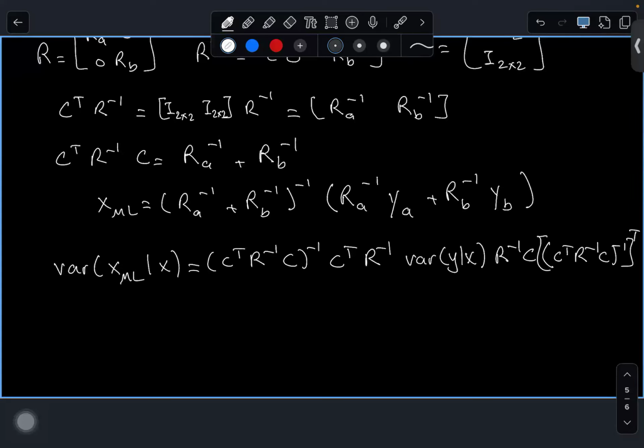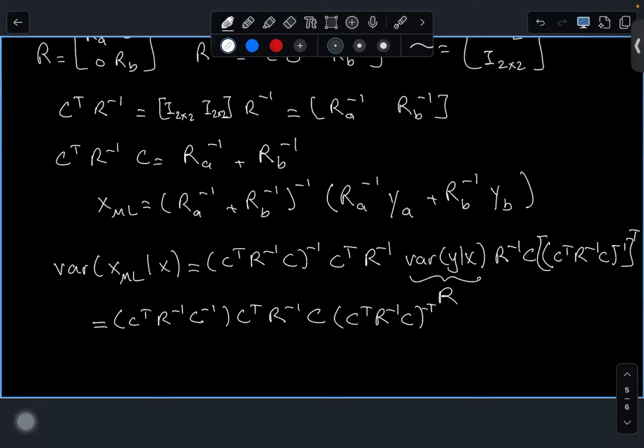All right, so variance of y given x is R. This is R, so that obviously cancels out with R minus 1. The variance of my maximum likelihood estimate is going to be C transpose R minus 1 C minus 1, C transpose R minus 1 C times C transpose R minus 1 C minus transpose.